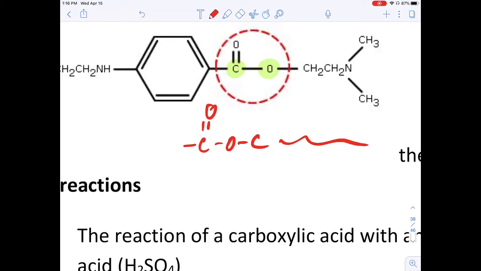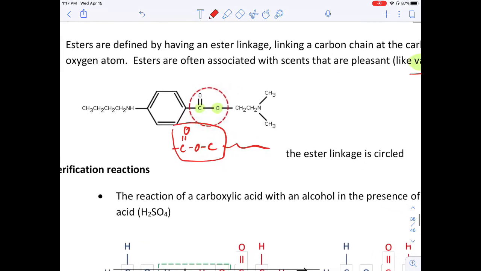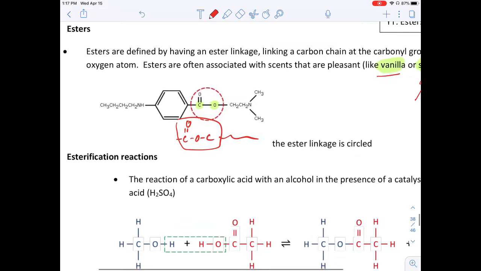And so once it is like this, it becomes a much less polar molecule because it doesn't have hydrogen bonding. It does not have a hydroxyl. So esters have a lower solubility in water than alcohols or carboxylic acids, and they have a very distinct odor.